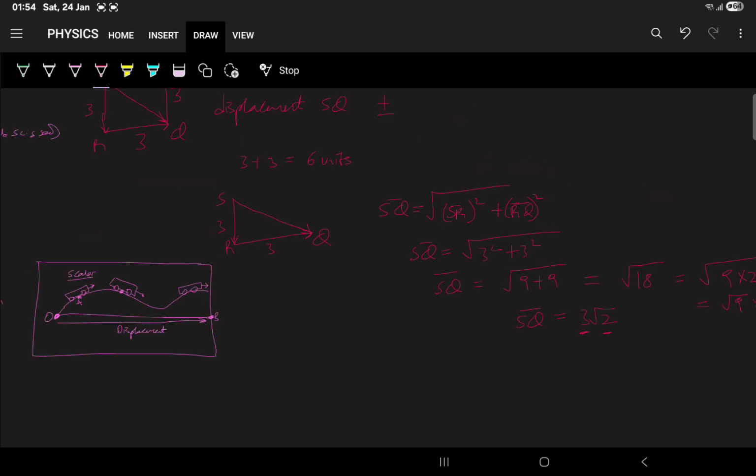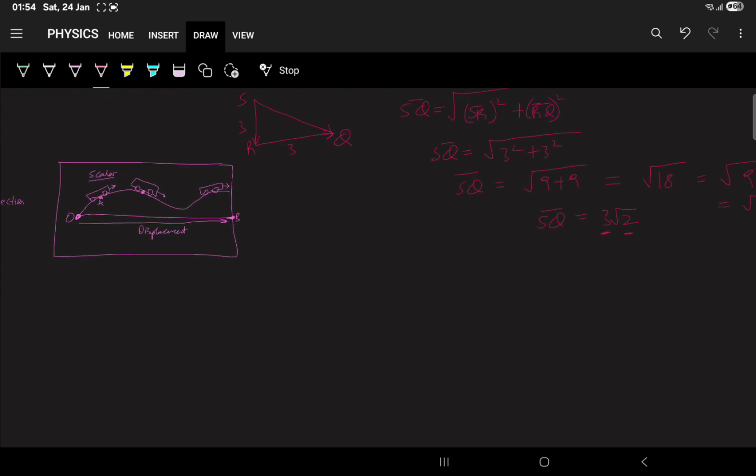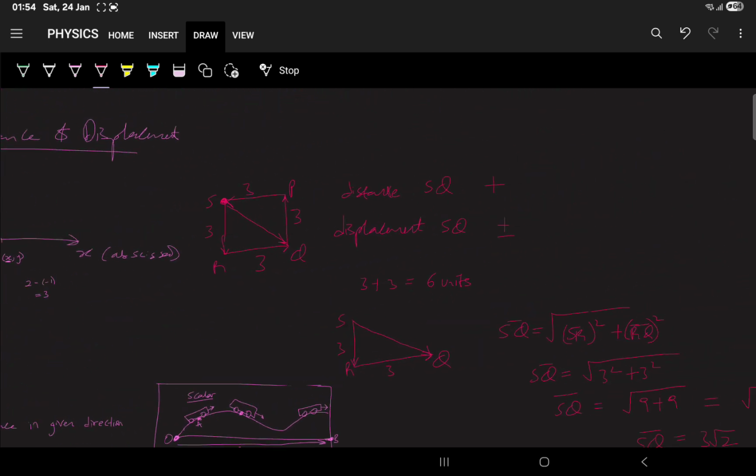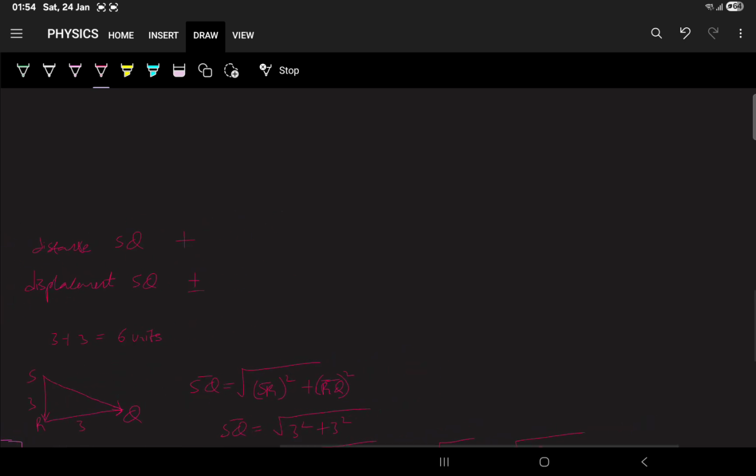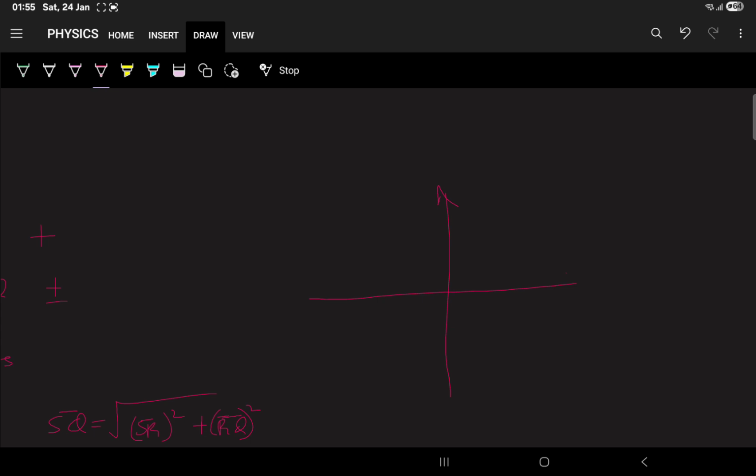Now let's see another way this question could be given. Here we have what appears to be similar to our graph, but now I'm using north, south, east and west.